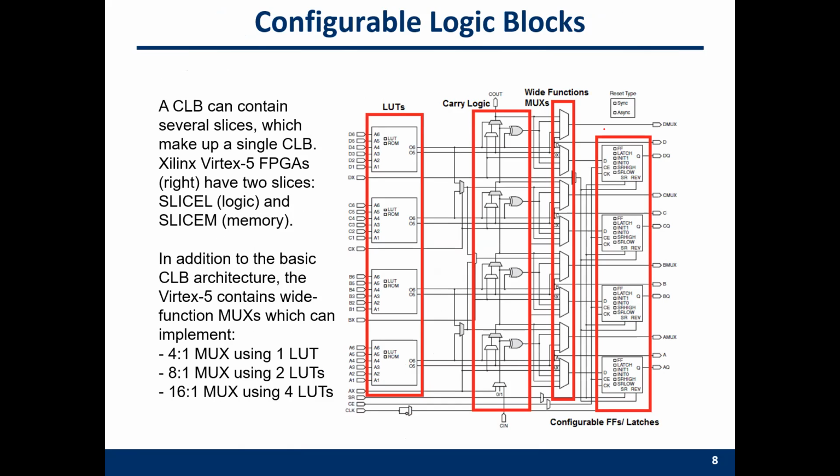Some FPGAs also contain wide function muxes that can implement 4-to-1 muxes, 8-to-1 muxes, and 16-to-1 muxes. By using these muxes, you can connect different parts of these lookup tables.